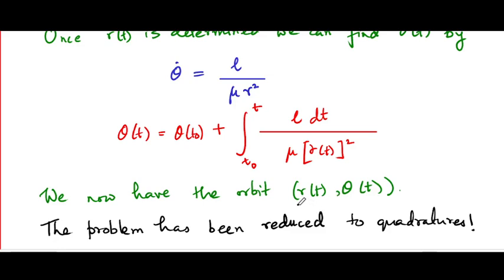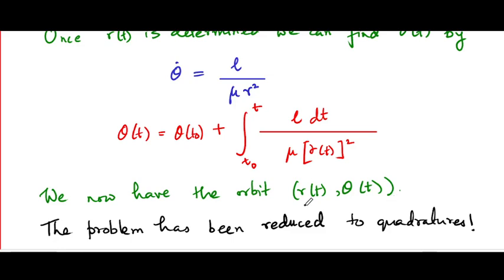Of course, knowledge of r of t and theta of t is essential if you wanted to know exactly where the particle is at each instant of time. If, on the other hand, all you were interested in was the trajectory, then knowledge of r of theta would be enough.